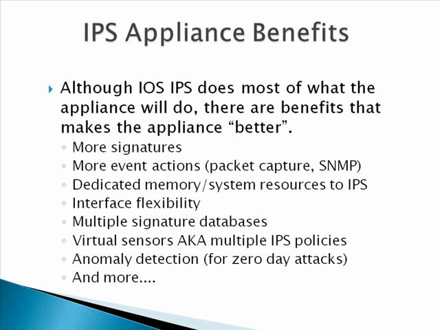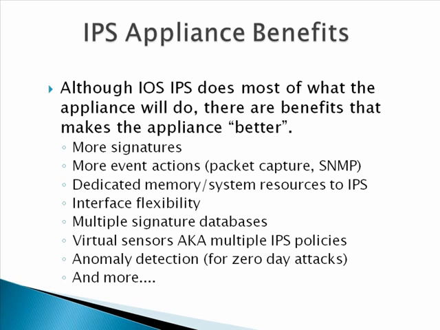So if that's the case, why would you want to use the more expensive appliance? And the answer is, there's a number of reasons, but that third one down there, dedicated memory and system resources to the IPS. The appliance-based IPSs can simply handle more traffic.